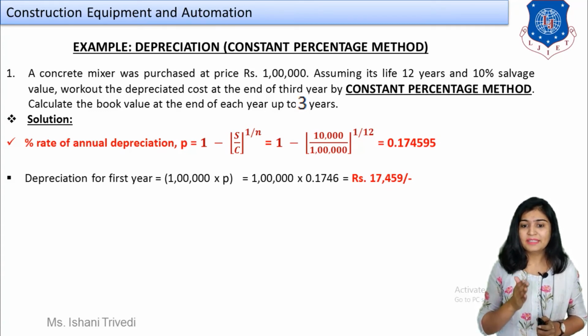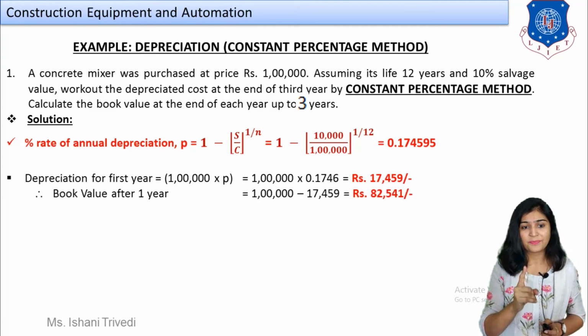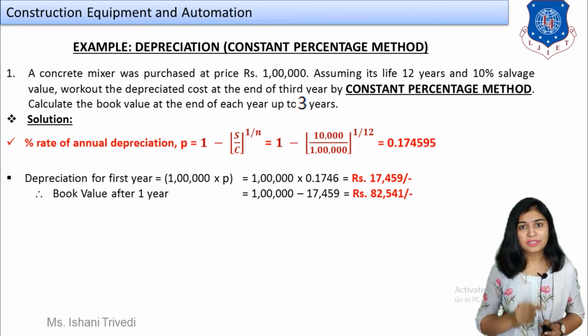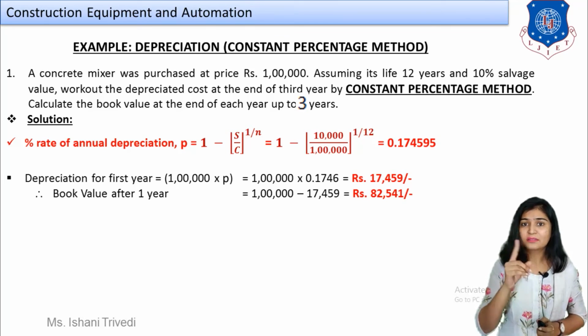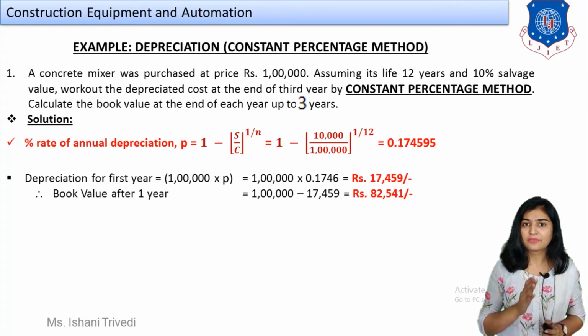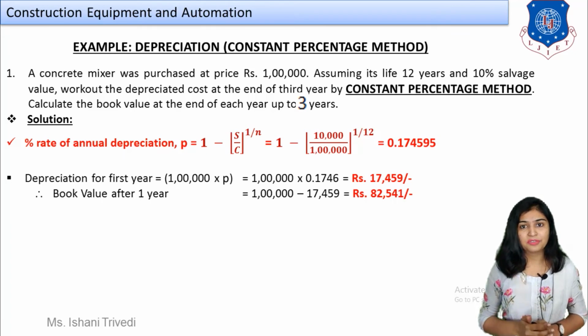So 17,459 rupees is your depreciation for first year. Now to calculate the book value, you have to subtract this value from the total cost. So that gives you 82,541 rupees book value at the end of the first year.